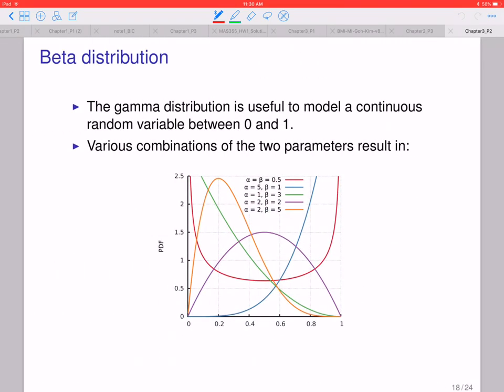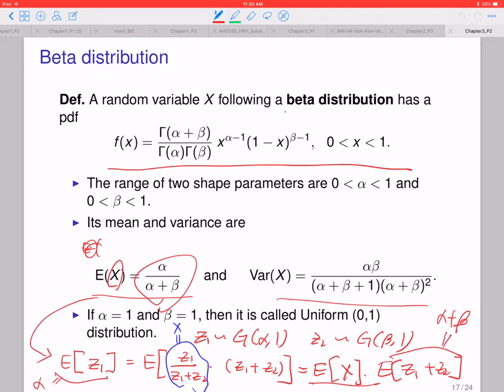So the beta distribution is useful in modeling a continuous random variable between 0 and 1, with different parameter values. Well, one thing you notice is that if alpha and beta are both equal to 1, then all these things disappear, right? So it's just constant.